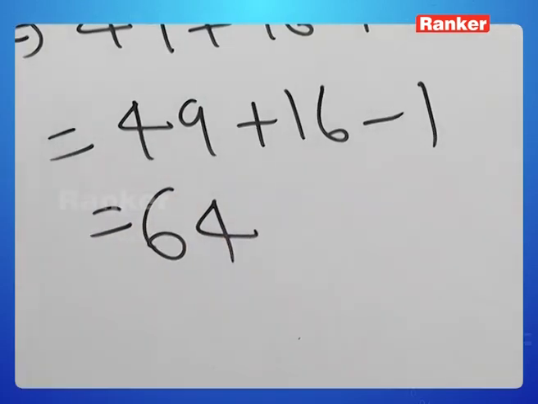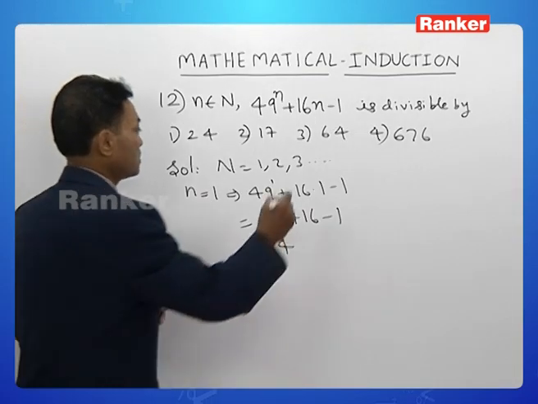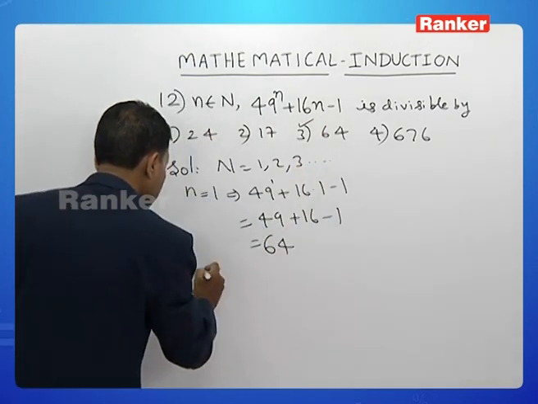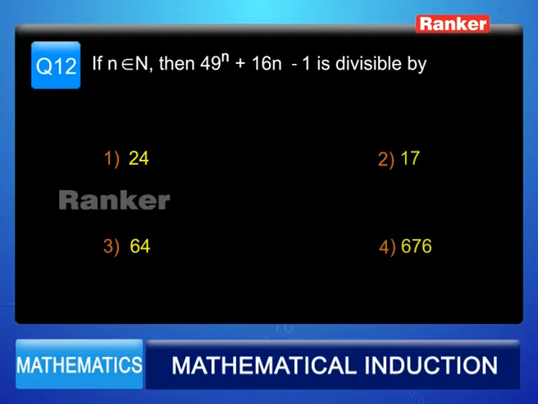So, you tell me, 64. So, what is the right option? Your answer is 64 and the right option is the third option, 64. So, third option is the right answer.